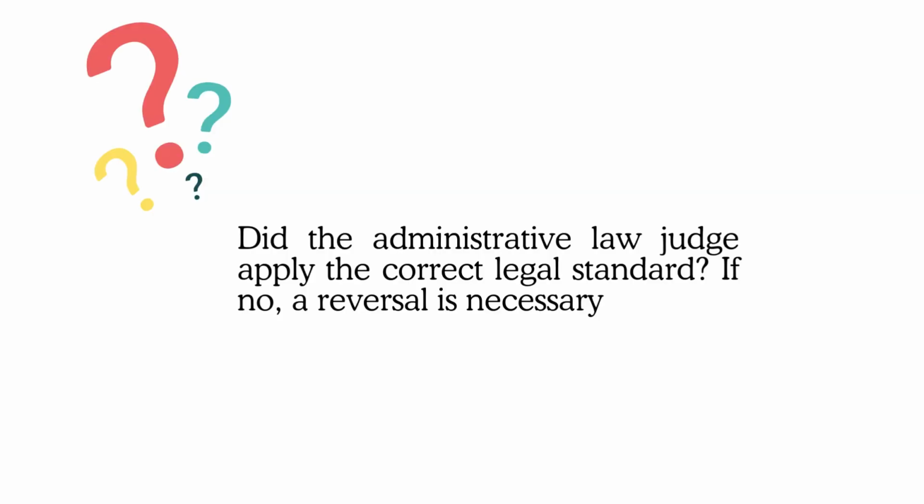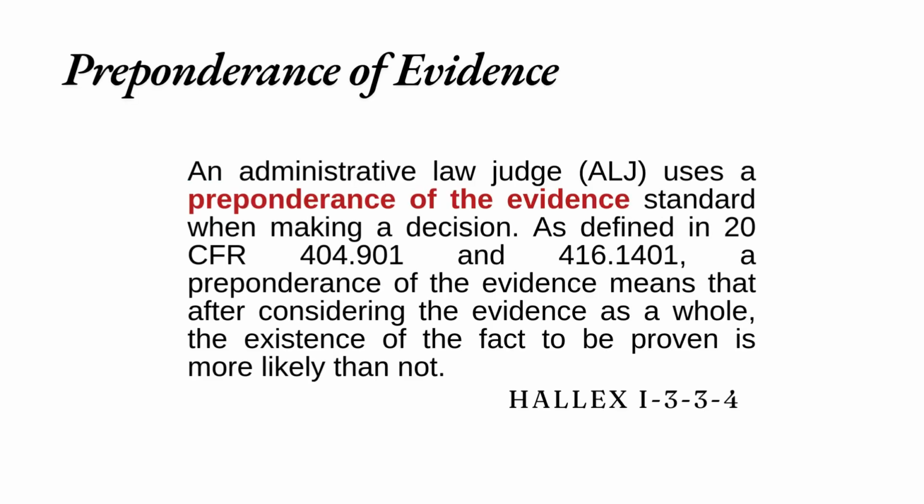So the question is, did the administrative law judge apply the correct legal standard? If no, a reversal is necessary. So let's look at the standard for the administrative law judge.